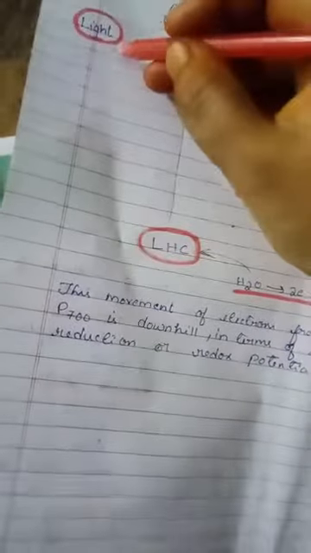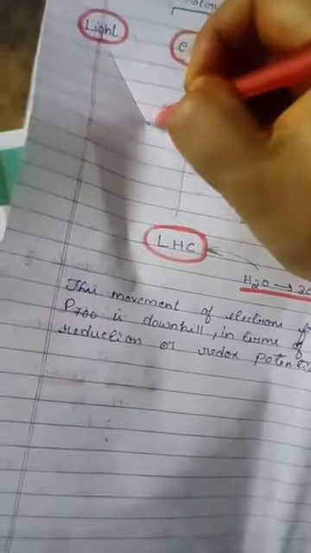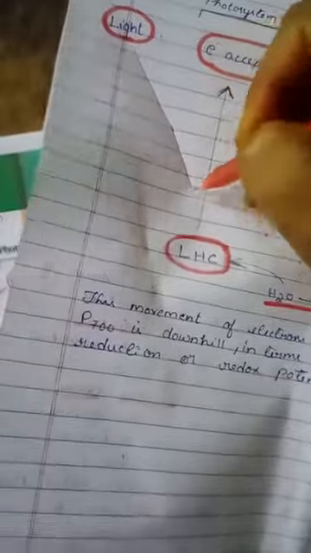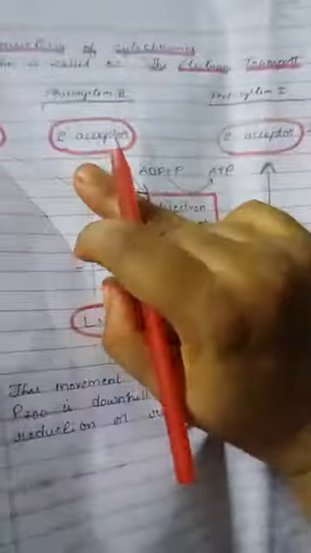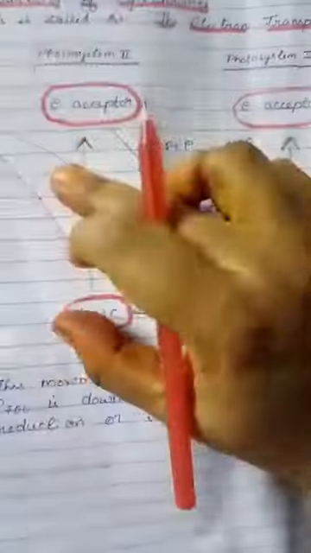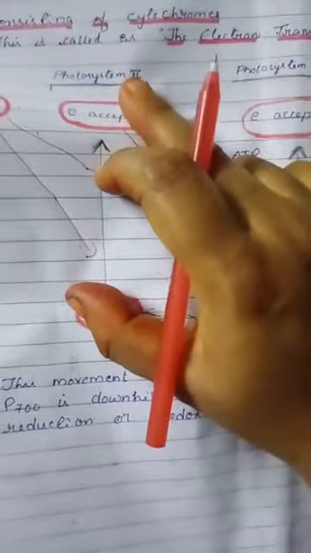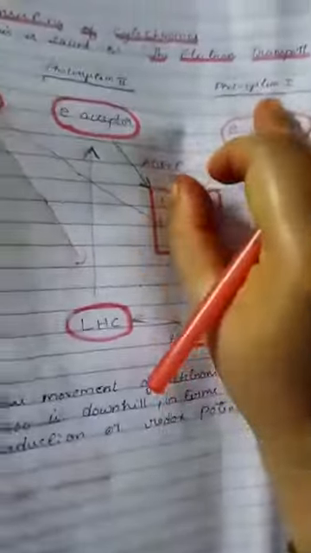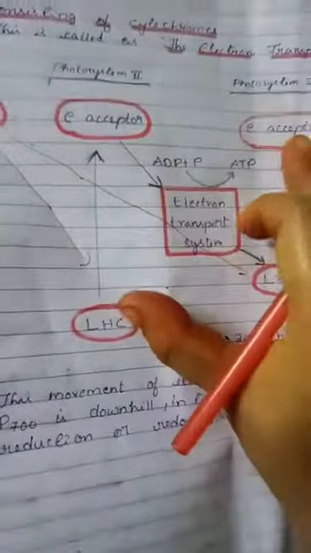I'll just draw it with a sketch, then you can understand. LHC, then to this LHC. Now this light is being attracted to the LHC complexes. Before that, in photosystem 2 and photosystem 1, the electron acceptor is formed.